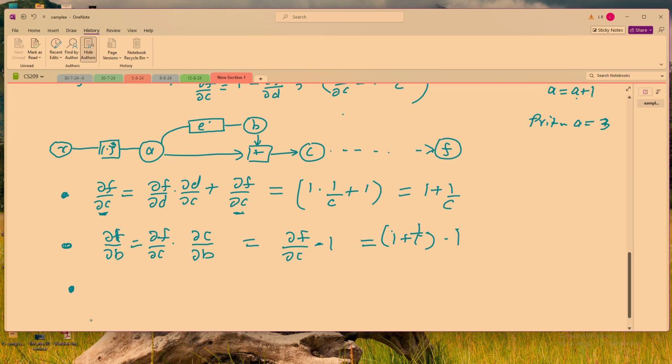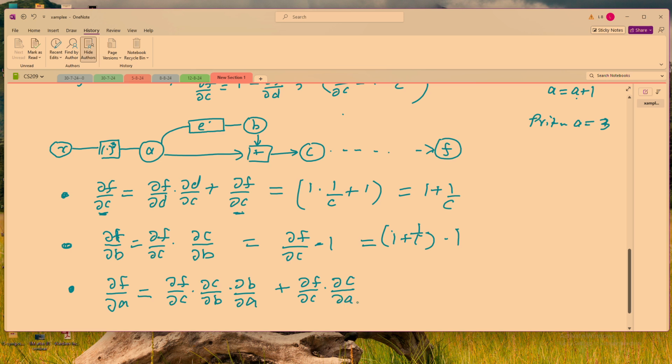Okay. So we go further. Now we have to go to A. To connect A, we have the B node and we have the C node. So df over dA. The way we did it in class, Hardik had asked, we had done it as df over dc, dc over db, db over dA. This was one path, and then it was the straight path plus df over dc and dc over dA.